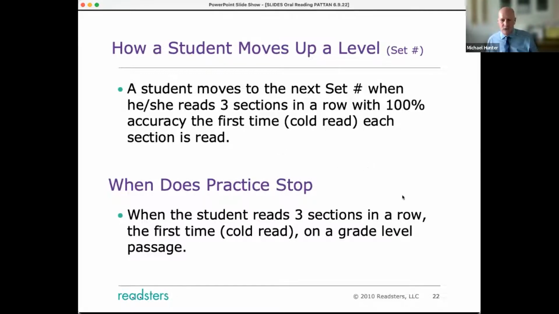When are we through with the accuracy practice? When the student has demonstrated that same mastery, 3 cold reads in a row, so back-to-back turns, 3 first time, 100% accuracy in their grade level material. So if you have a 4th grader and they've worked their way up to 4th grade material and they get their 3 cold reads back to back, then they're through with accuracy, and that's the time to check and make sure that their fluency is good.